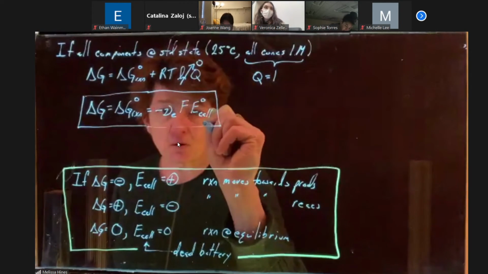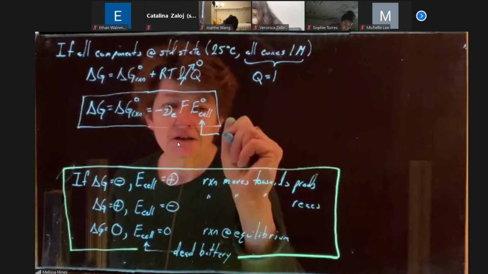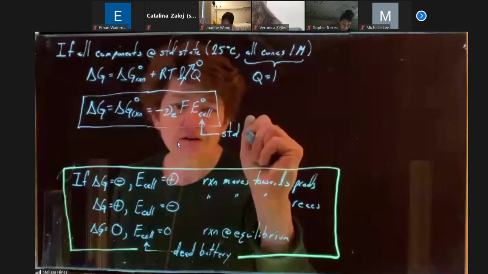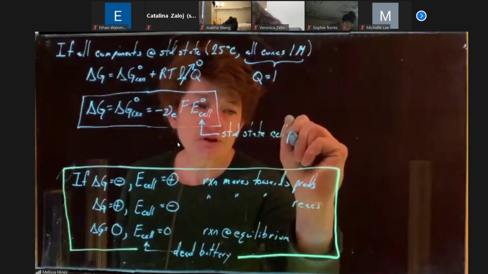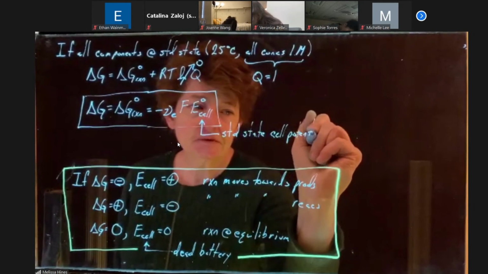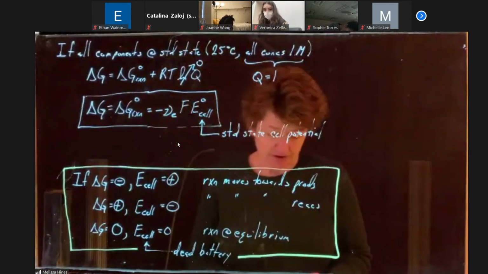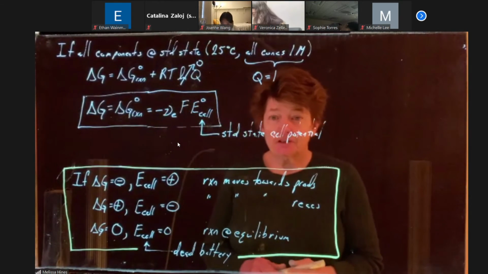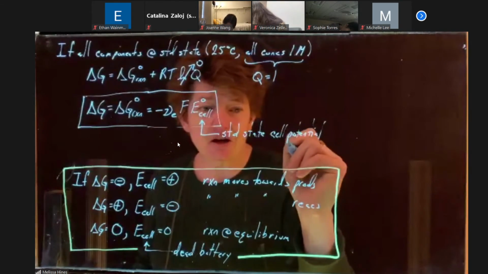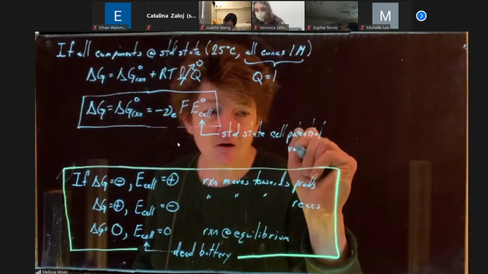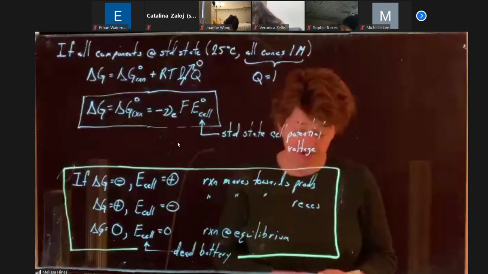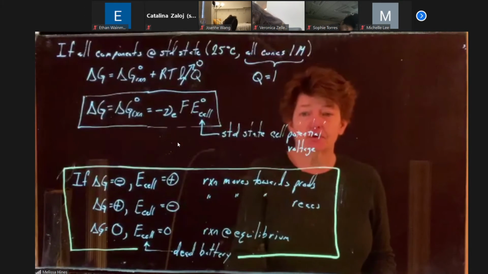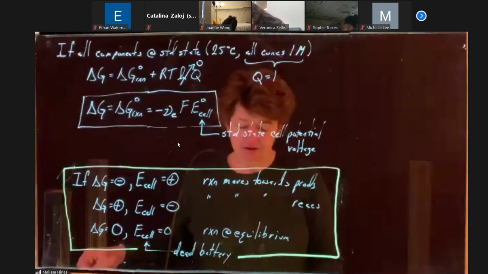So this is going to be the standard state cell potential. Instead of saying standard state cell potential, I could also say cell voltage. Those two words are interchangeable, particularly in this course. So that's going to be our standard state cell voltage.